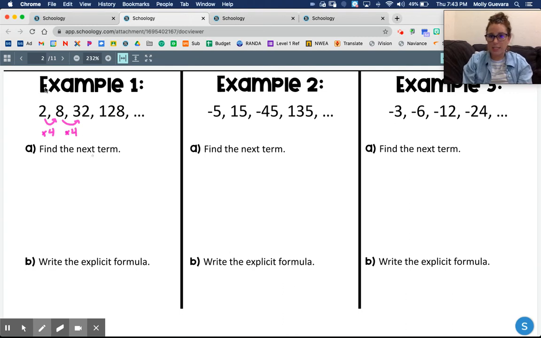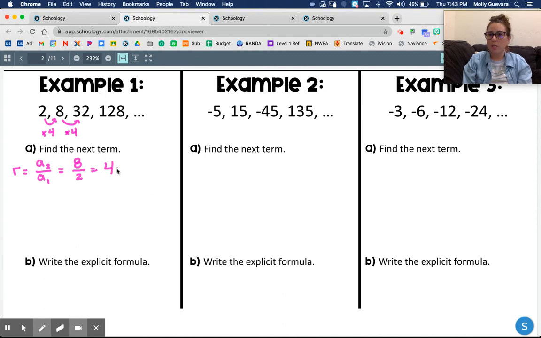If I have no idea, we use that trick that r is equal to a sub 2 over a sub 1, the second term divided by the first term. My second term here is 8, divided by my first term, which is 2. 8 divided by 2 is 4.